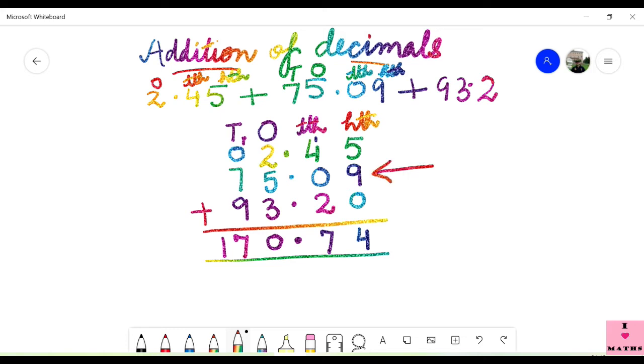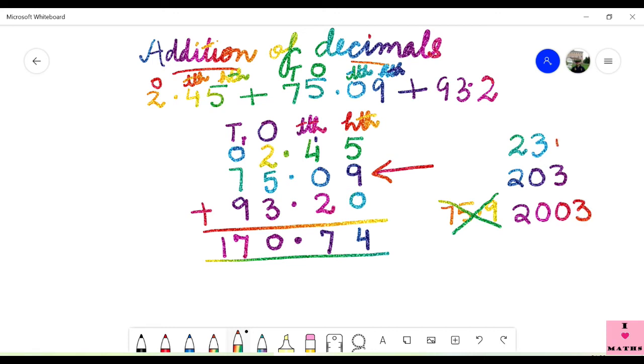Now the mistake which the children make, they make it at this point. Instead of writing 75.09, many children write down 75.9, which is absolutely wrong. Now children, if we have a number 23 or 203 or 2003, these three numbers are different from each other.